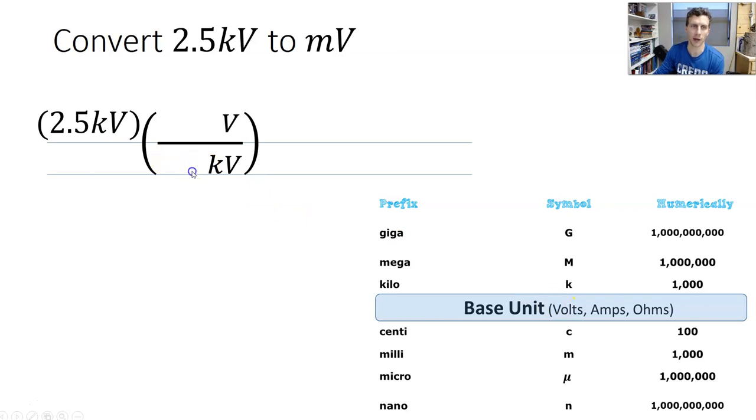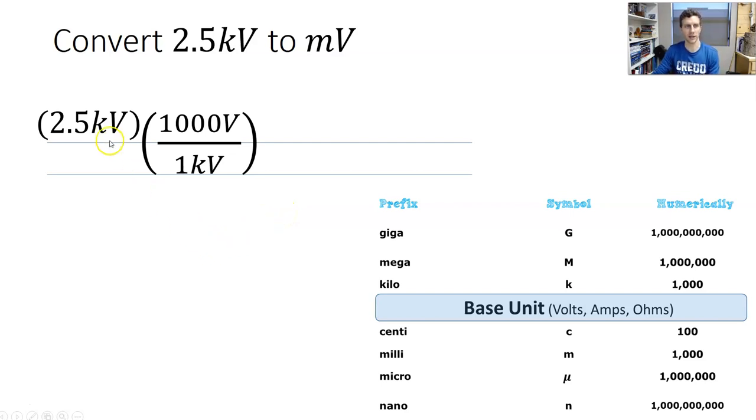I'm going to put a 1 in front of the bigger one, and then figure out how many volts are in 1 kilovolt. There's 1,000 volts in a kilovolt, because a kilovolt is 1,000 times bigger. So I put 1,000 in there.